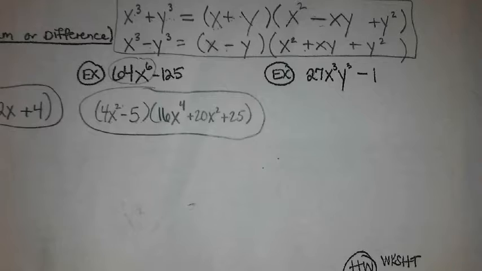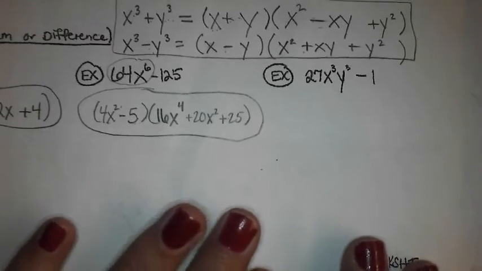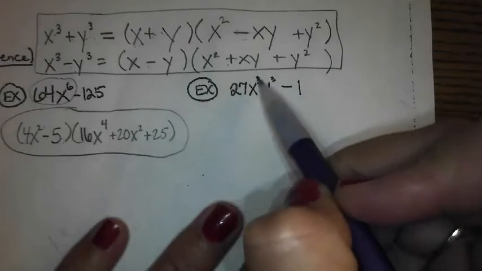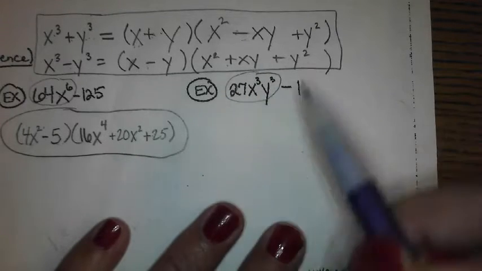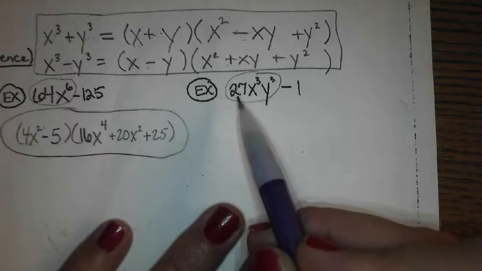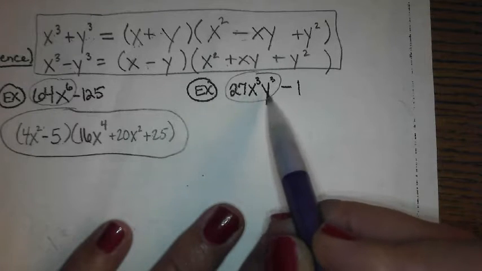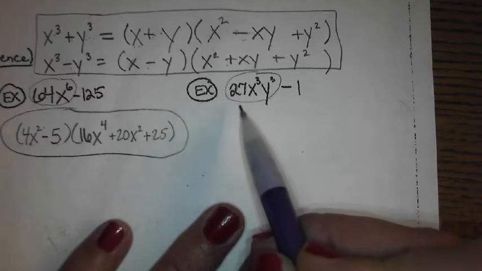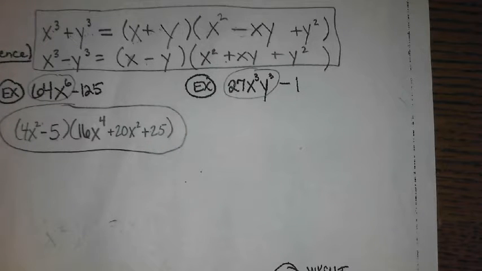Okay? Last one. The plot thickens because this first term just got a little bit crazier. It is a perfect cube. Maybe you want to look at it piece by piece by piece, the number, the x, the y. But what is the cubed root of 27x cubed y cubed?